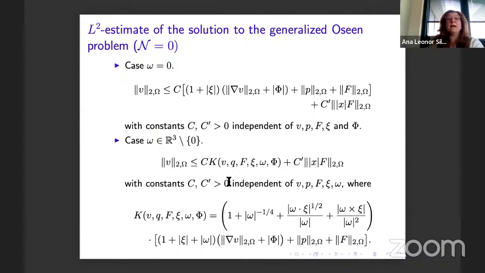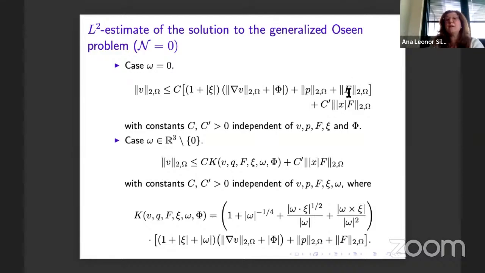In this case, it is also useful for us to have an estimate on the L2 norm of the solution of the generalized Oseen problem, that then we are also going to adapt for the Navier-Stokes problem. For the generalized Oseen problem, we are able to get an estimate for the L2 norm of the velocity in terms of the gradient of the velocity and the L2 norm of the pressure.